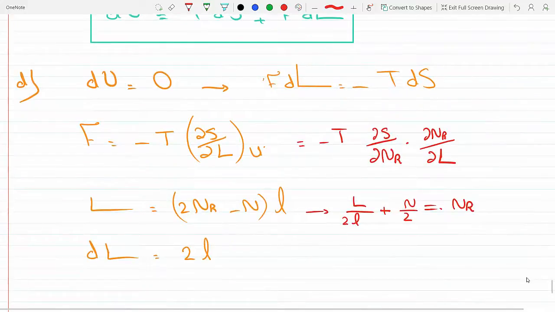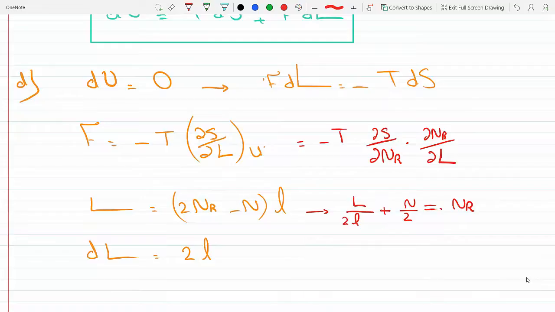I'm trying to end up with a result that has only the partial derivative dS over dnr, so that I could differentiate the expression from part A with respect to nr, and I could take care of the second partial derivative, dnr over dL, from the relationship that I derived in part B between the length of the rope and nr.